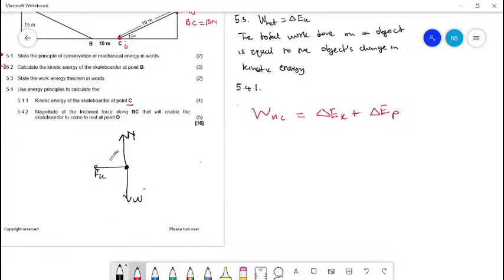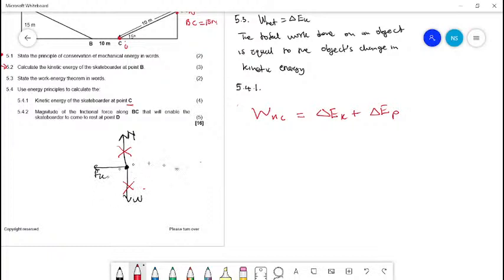As I said, normal force won't be doing work, weight won't be doing work, and the only force that will be doing work will be f of k, right? And again, f of k is the only non-conservative force acting.